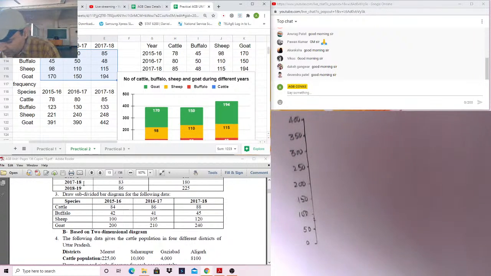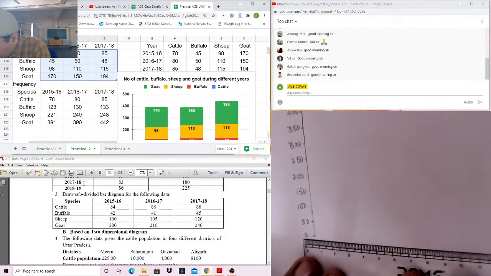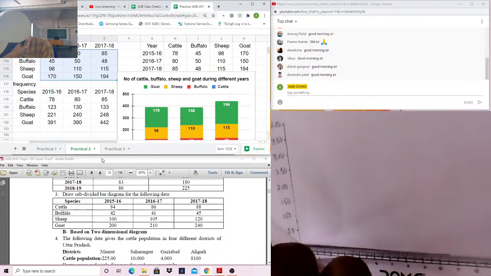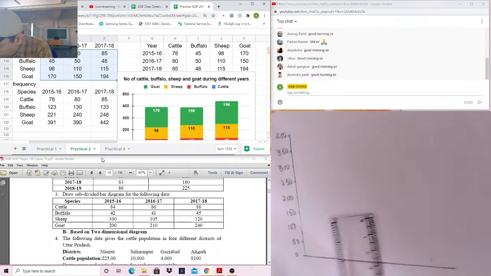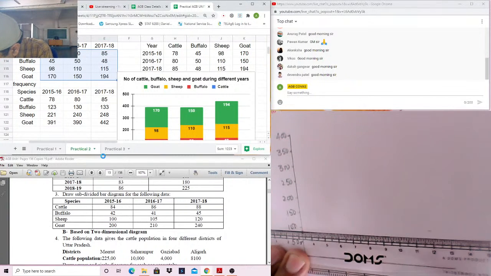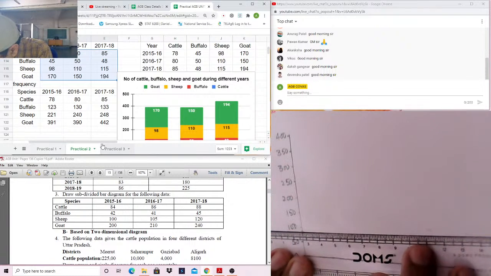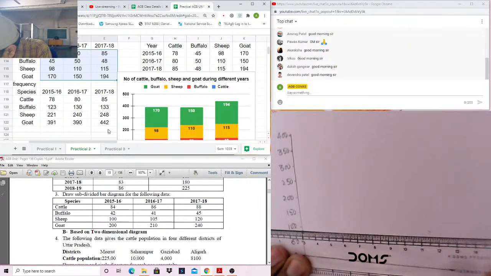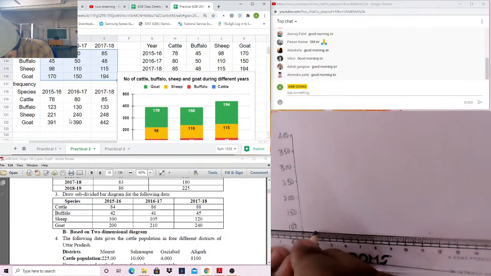So let me make an x-axis now. Okay. Let it be this x-axis, and on x-axis this will be your first mark of, say for example, I take it from here, your first mark of 78.